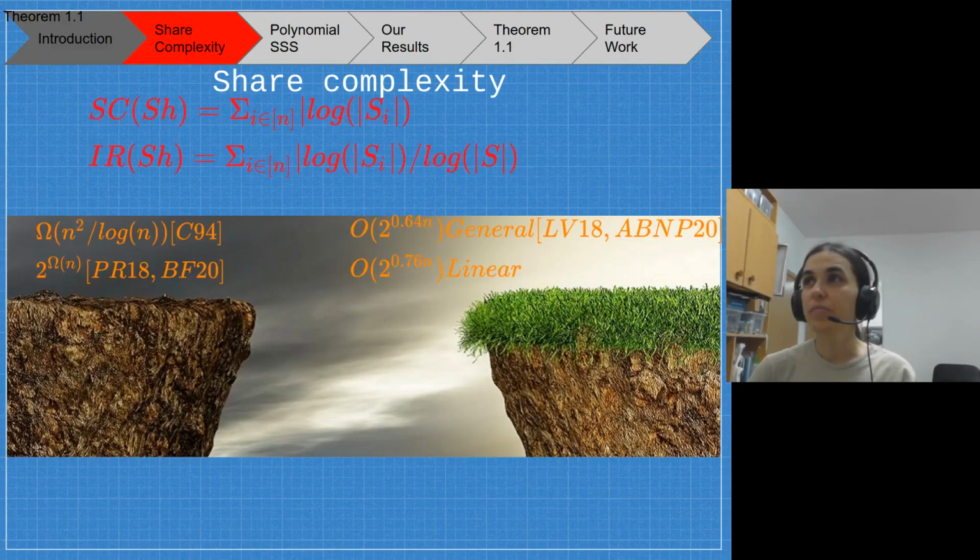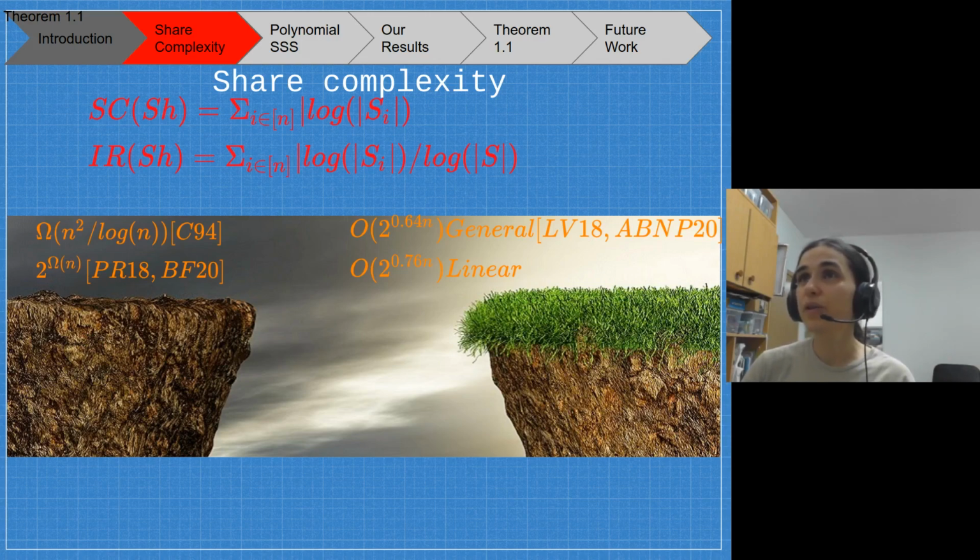Arguably the most important measure in secret sharing schemes is their share complexity. So what is the share complexity of a secret sharing scheme? It's basically the total number of bits in the shares received by everyone together. Sometimes it's defined as the maximum length of a single share, but we will usually consider the hardest schemes, which, at least currently, have exponential share complexity, so we don't mind the n factor, the polynomial factor, which is the difference between the two definitions.